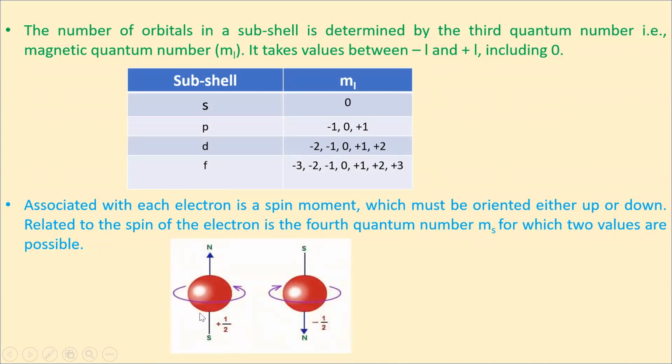If it is rotating in this direction, plus 1 by 2, and if it is rotating in this direction, minus 1 by 2. So this is the fourth quantum number. Each electron is represented by four quantum numbers, and they are unique. No two electrons can have all four quantum numbers the same.